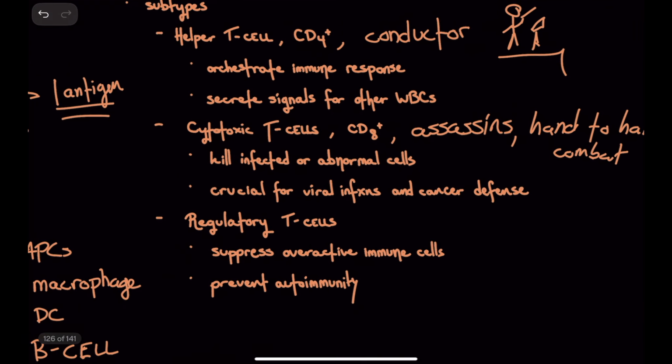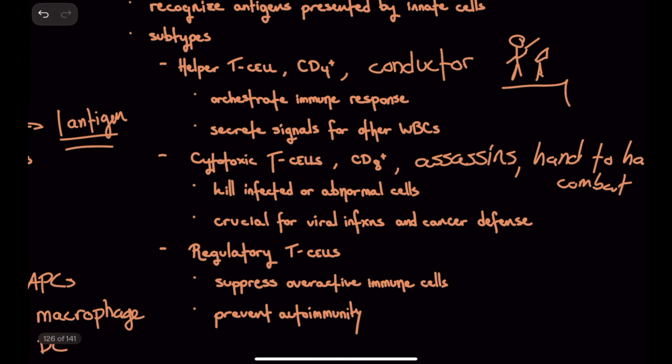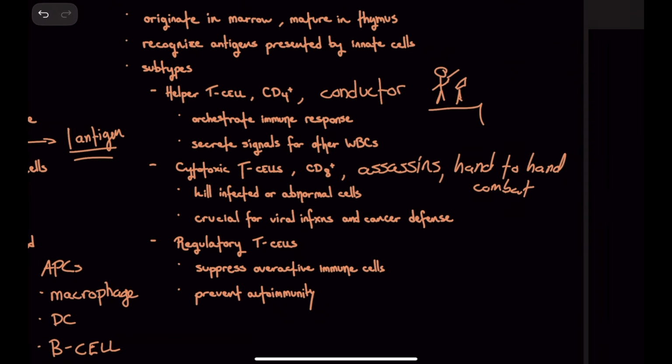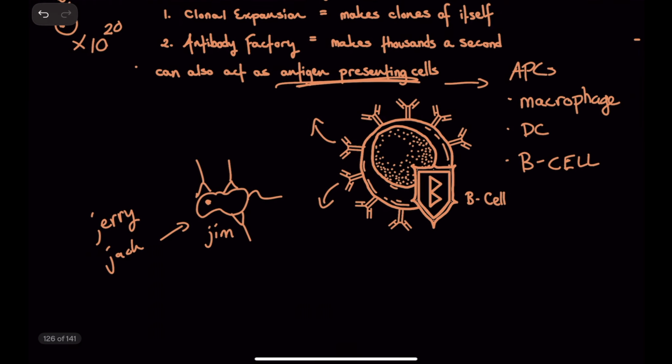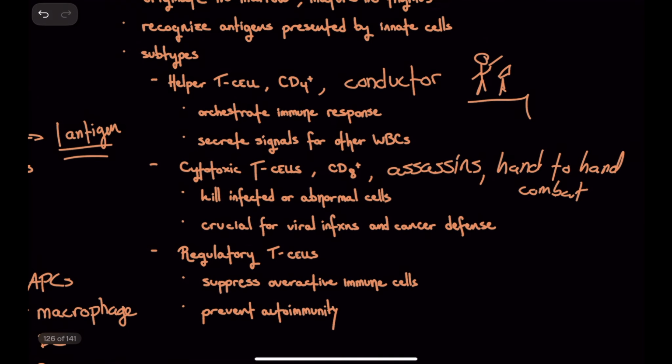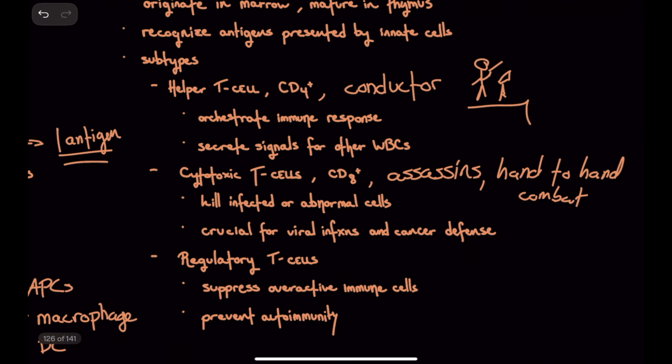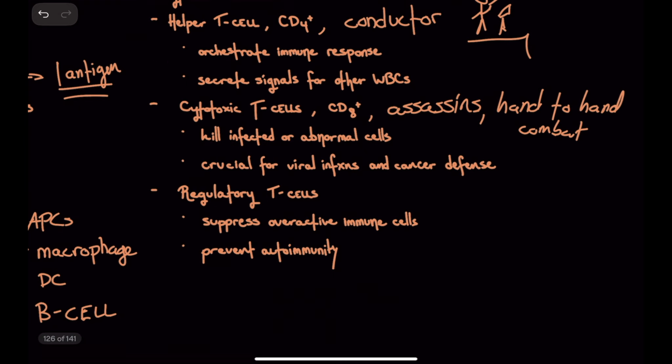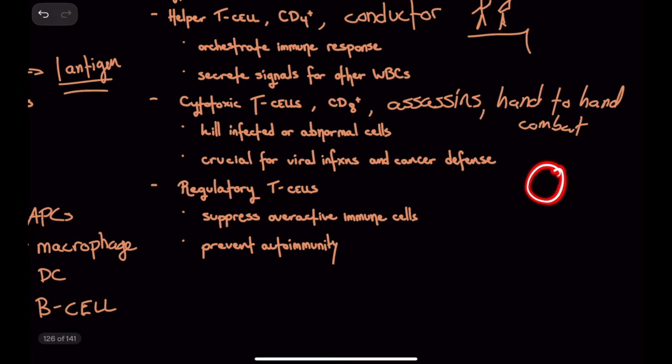With all the other cells, you're secreting signals, or with the B cells, they were sending antibodies out. With cytotoxic T cells, the cells go right up to these cells and get rid of them. I like to think of them as cells holding a knife or a sword.